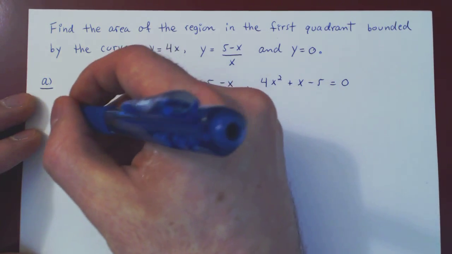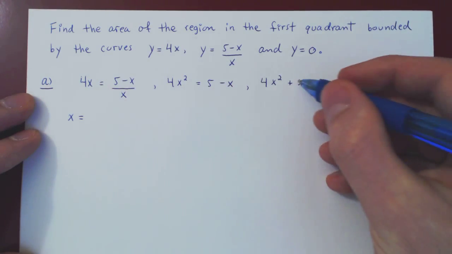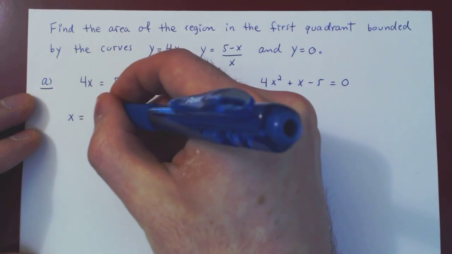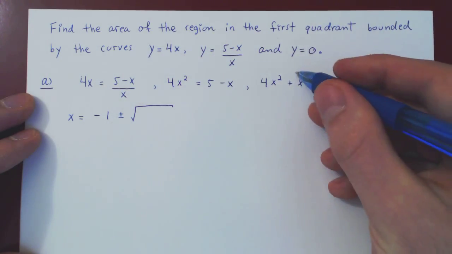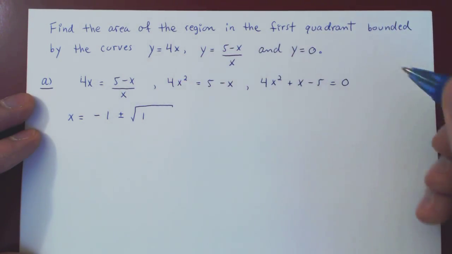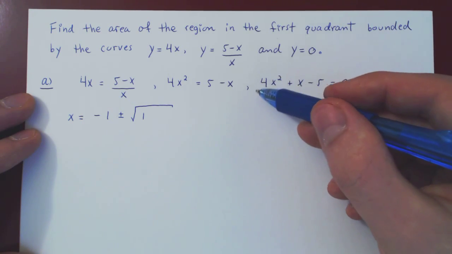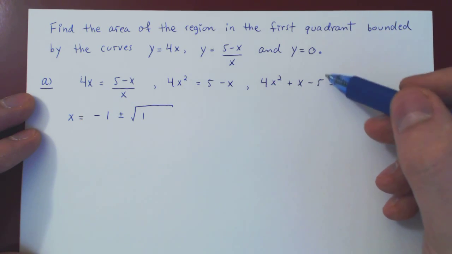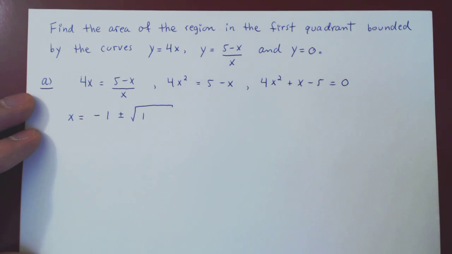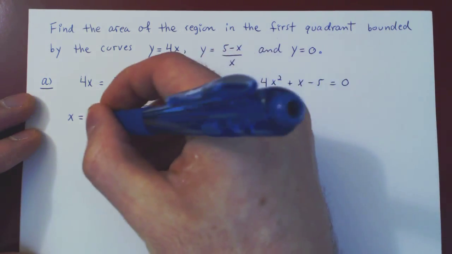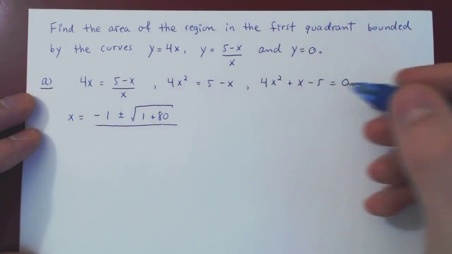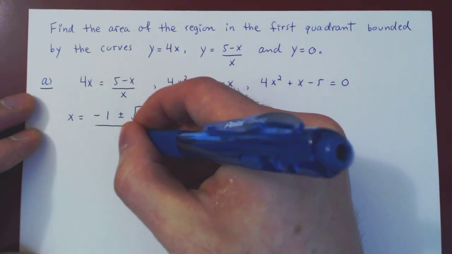So the solutions will be minus b, so negative 1, plus or minus the square root of b squared, which is 1, minus 4ac, so minus 4 times 4 is negative 16, times negative 5 is positive 80, over 2a, 2 times 4, 8.